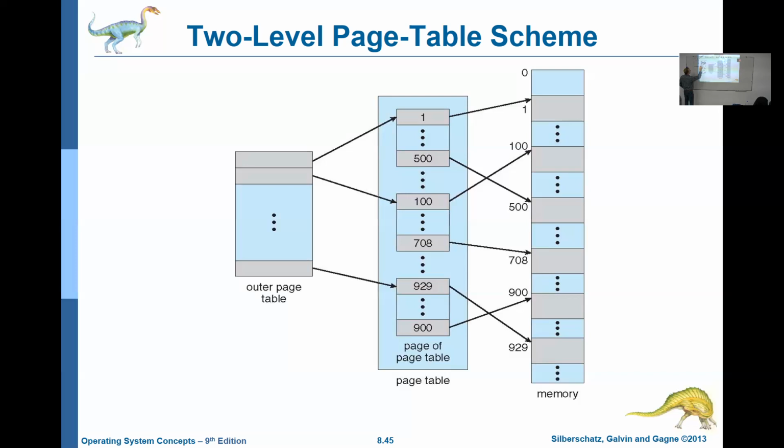3, 4, 5, 6. So if P is 6, then the index is 6 in this array. And I go to row 6, and it tells me you want memory at location 3.